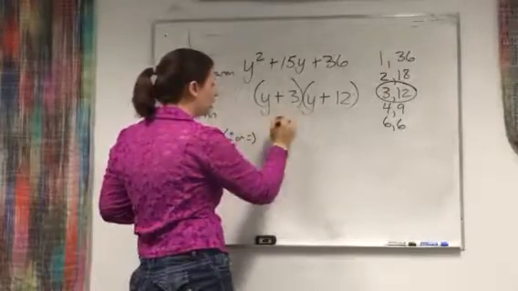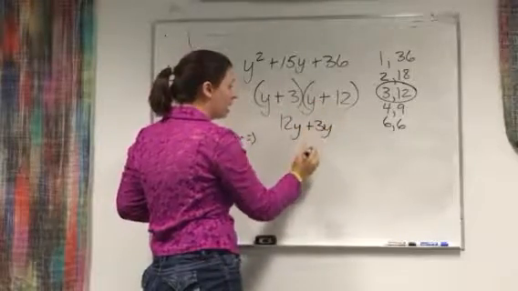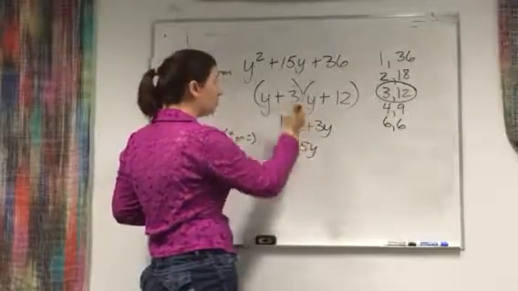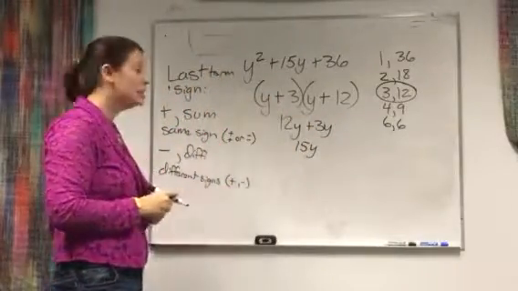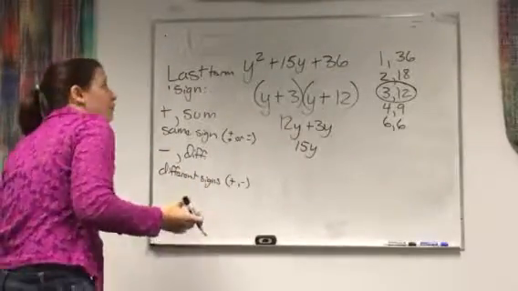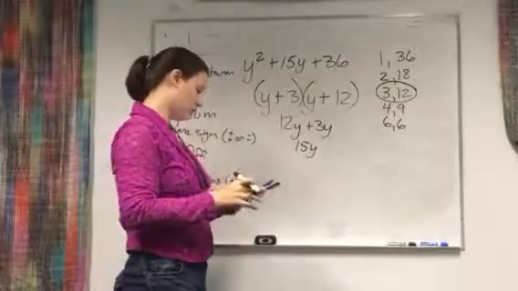The outer gives us 12y, the inner gives us plus 3y. That combination is 15y, which is what we were looking for. So that's factorization. Of course, that one had a leading coefficient of 1, so it can get a little bit more difficult.